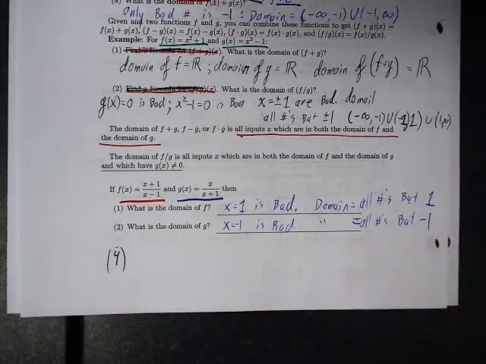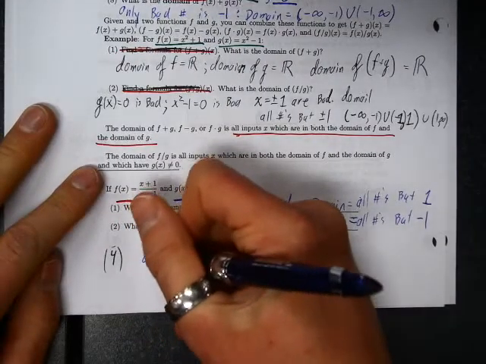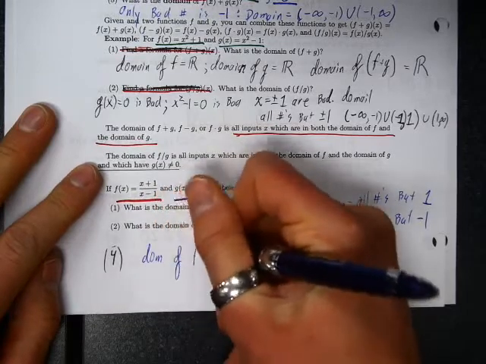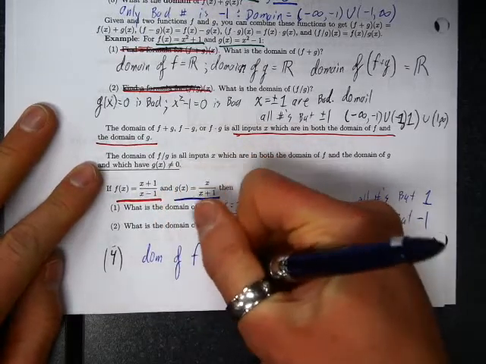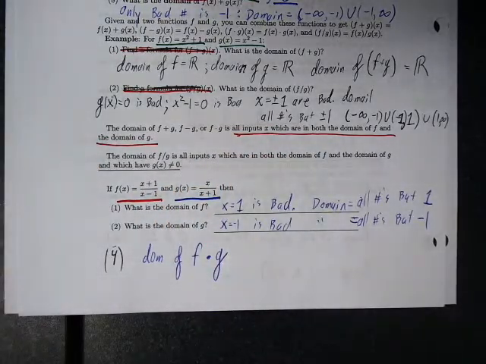So the domain of G is all numbers but negative 1. So without doing any more thinking, what's the domain of f times G? Well, all numbers but 1 and negative 1, they're both bad.